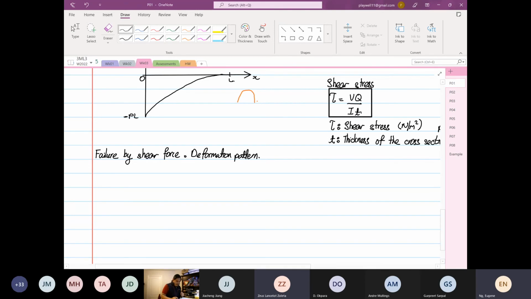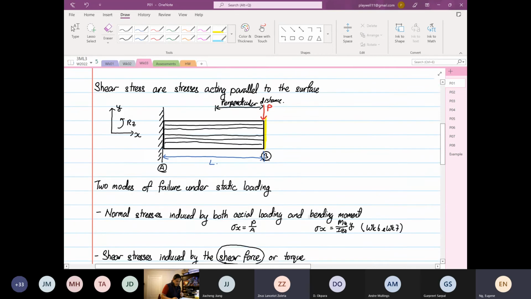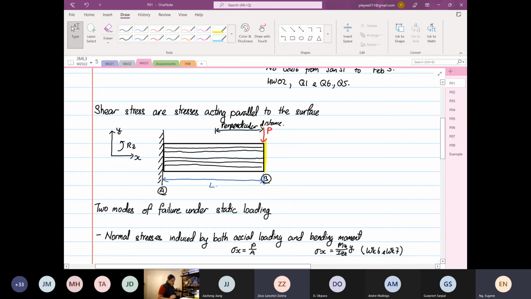Now I'll go back up to the first diagram I've drawn. Remember, I told you we are calculating the failure, or the area of concern, which is the yellow part, the part highlighted in yellow.